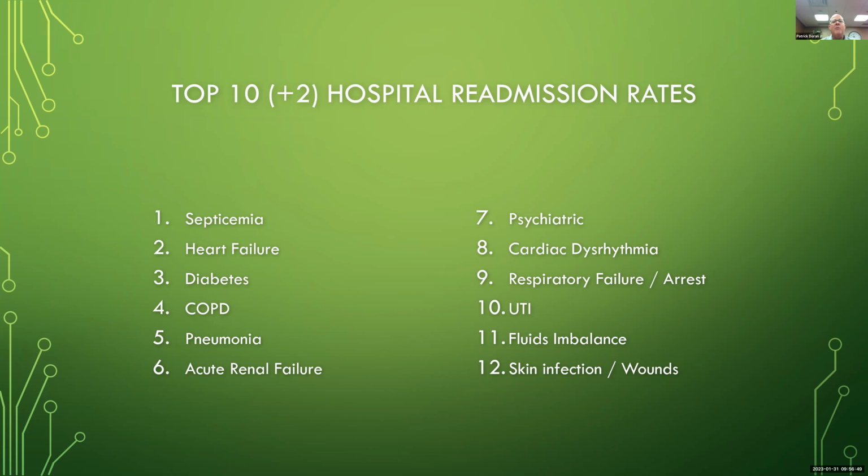And then heart failure is number 2. There's a high incidence of readmission for CHF patients. Diabetes complications. You know, diabetics on the acute side go to the hospital because of, let's say, hypoglycemia, right? And those aren't admitted.